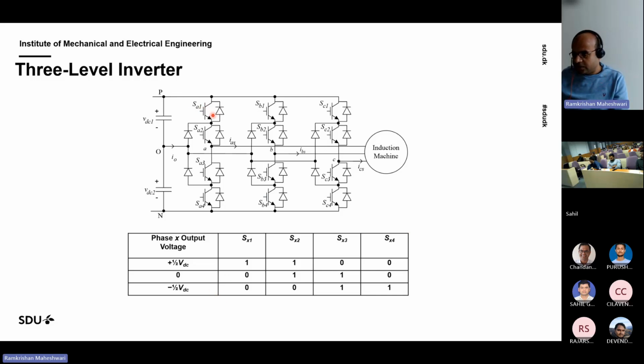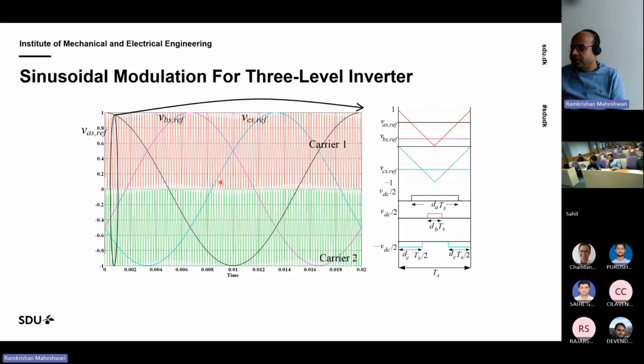So we know SA1 and SA3 will have complementary switching. SA2 and SA4 will have complementary switching. So you need 2 independent gate signals for each phase. And we do this with 2 carrier signals: one reference, one carrier corresponds to the top switch, another carrier corresponds to the second switch.